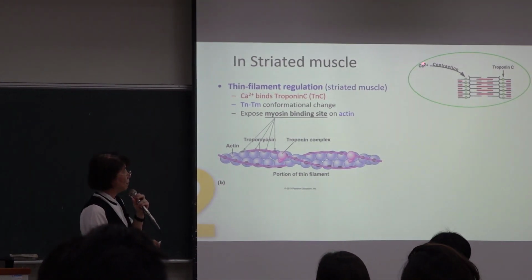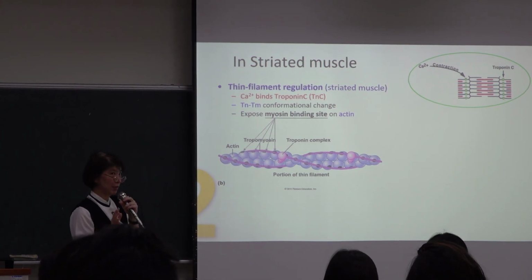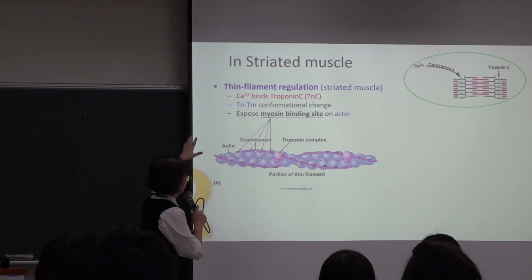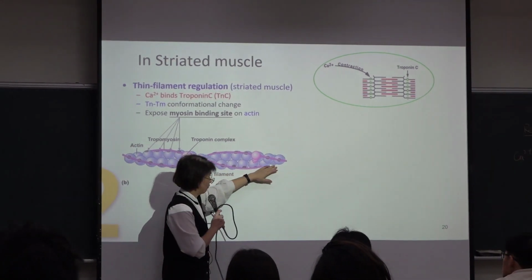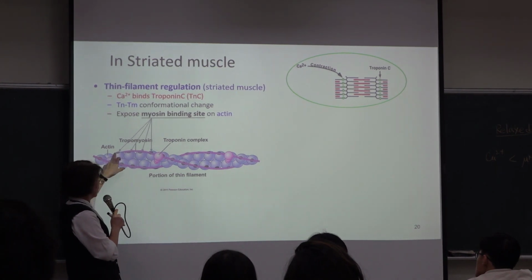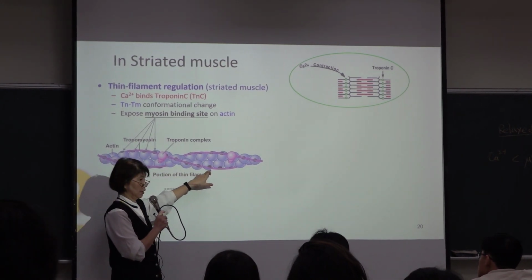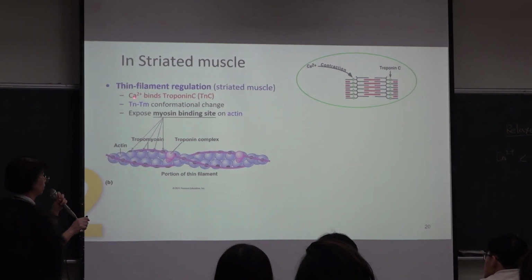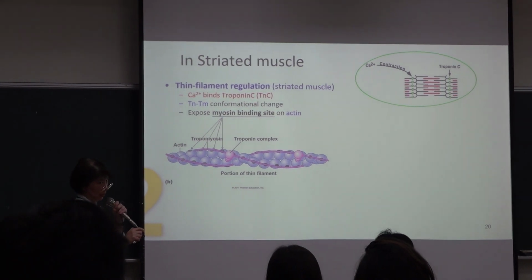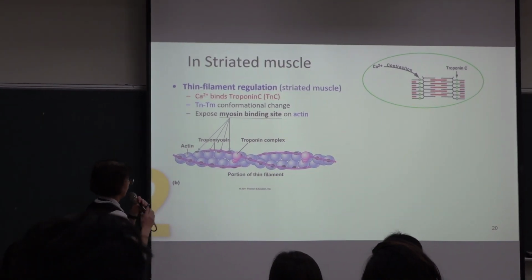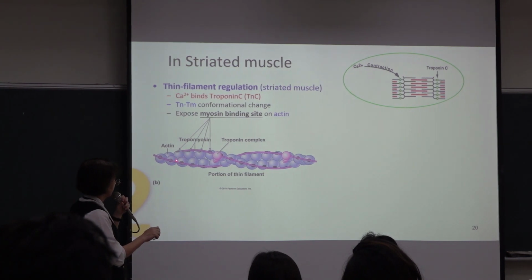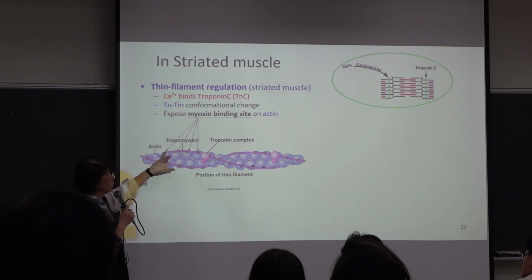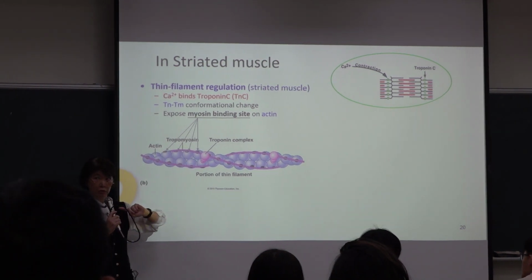Okay, we said calcium binds to troponin C in muscle protein, right? So what happens then? Remember, we see thin filament proteins, right? We have actin filament, and on top of actin, we have tropomyosin and troponin complex. And we also know that calcium binds to troponin C. Because actin interacts with myosin, there are myosin binding sites on the actin molecule.